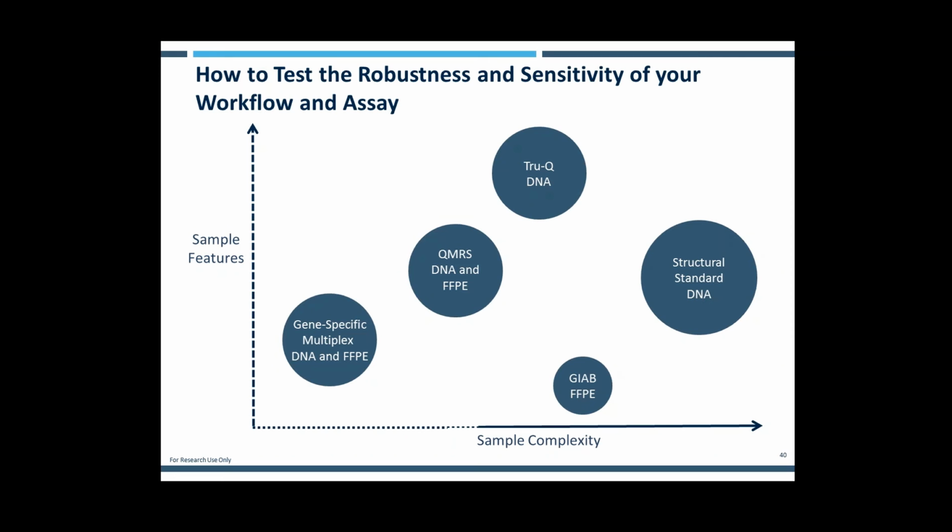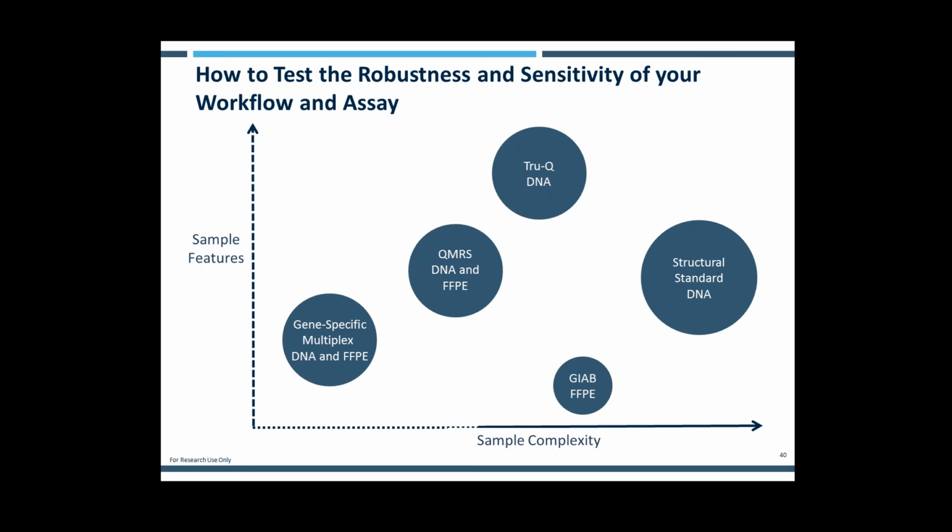And on the x-axis, you've got sample complexity, which is either how well annotated that sample is, or whether there are a lot of indels, translocations, or large chromosomal deletions, that sort of thing.